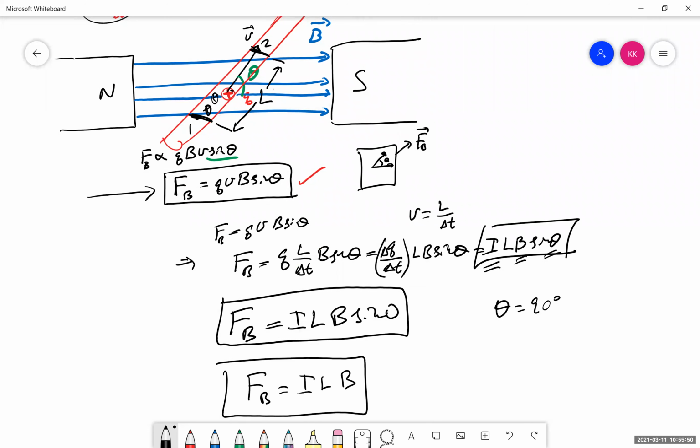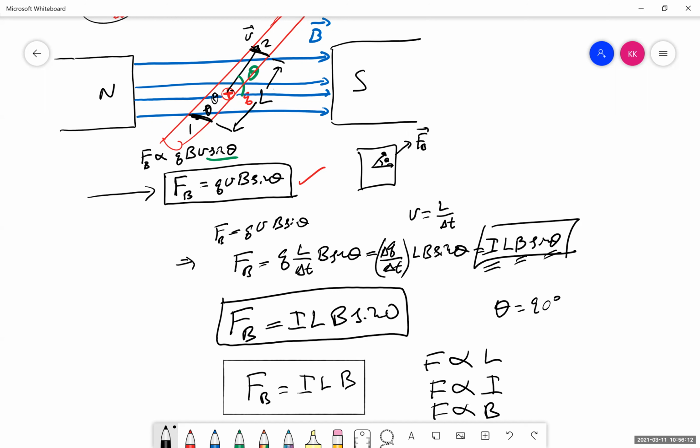So we have this equation where force is proportional to the current value, length value, and the magnetic field. And all of those are direct proportionalities. And that's what we're going to explore in this lab. Is the force directly proportional to length? Is the force directly proportional to current? And is the force directly proportional to the magnetic field strength?